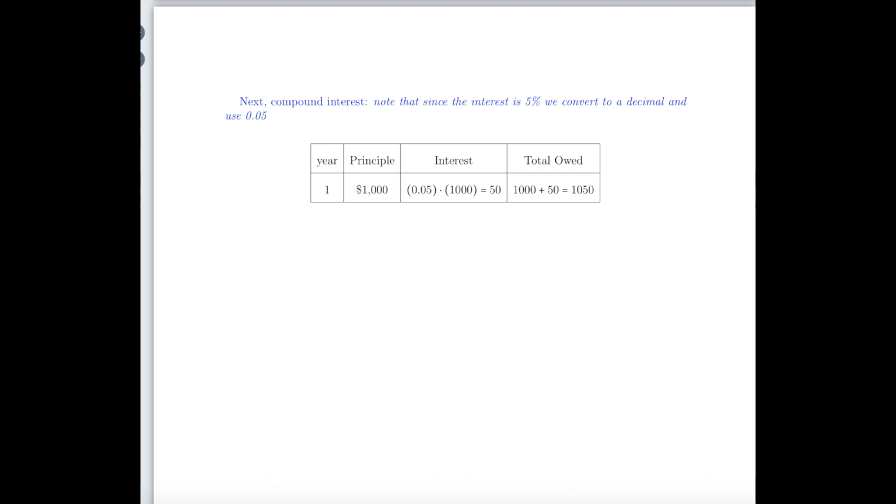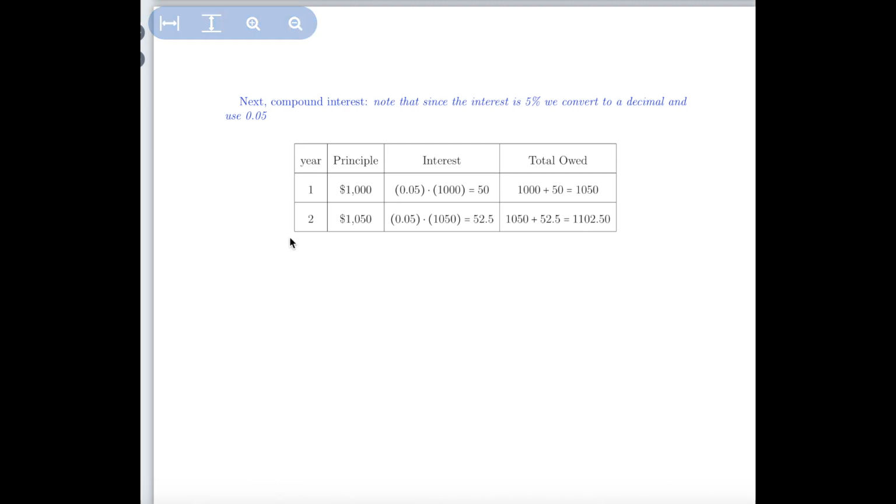What gets interesting about this is when we get into year number 2. So the difference between simple and compound interest, again, is that when we are doing compound interest, we are doing interest on the total owed. So every time we recalculate interest, we don't apply it to the principal, we actually apply it to the total owed. So for year number 2, we are going to calculate our interest on this total owed here.